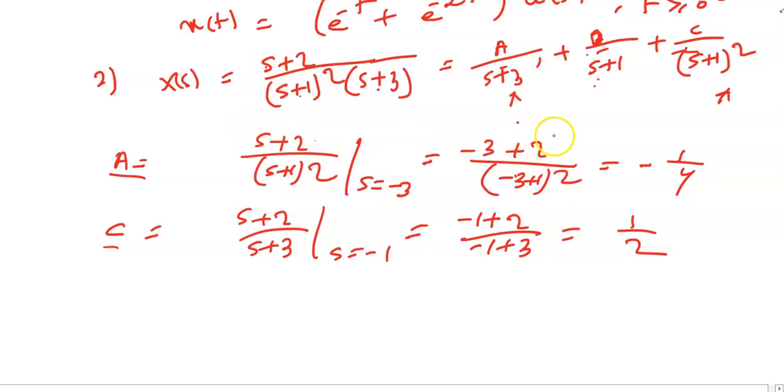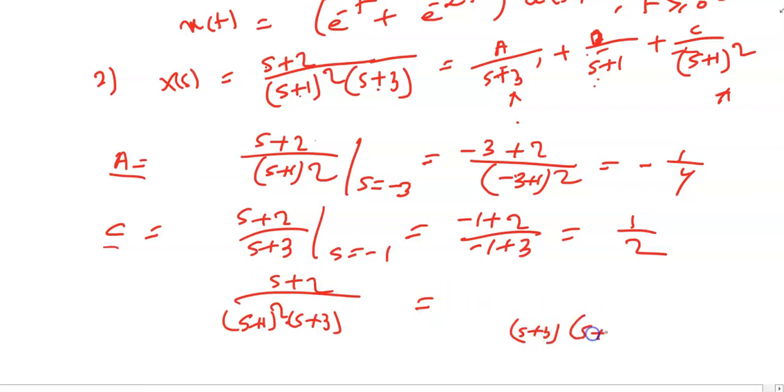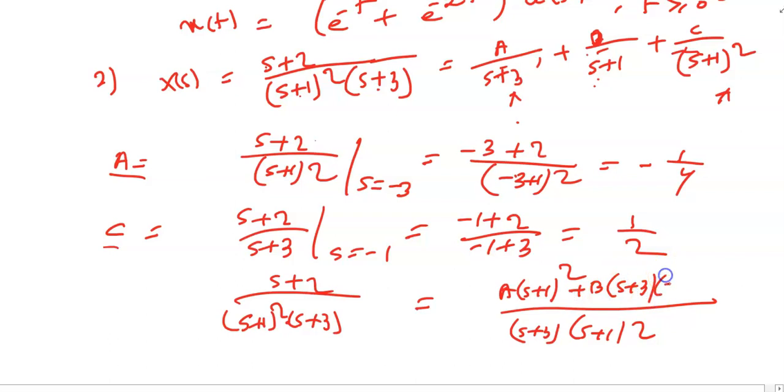We can write s plus 2 equal to a into (s plus 3) into (s plus 1) square, then a into s plus 1 square, plus b into (s plus 3) into (s plus 1), plus c into (s plus 3).